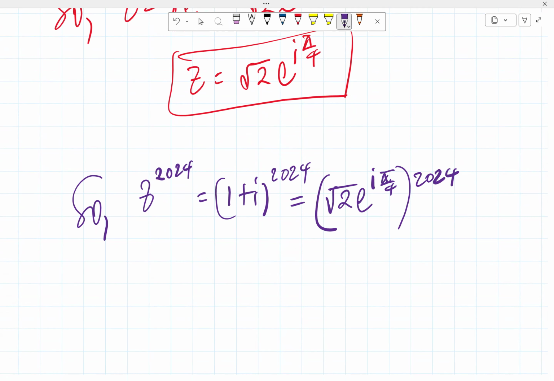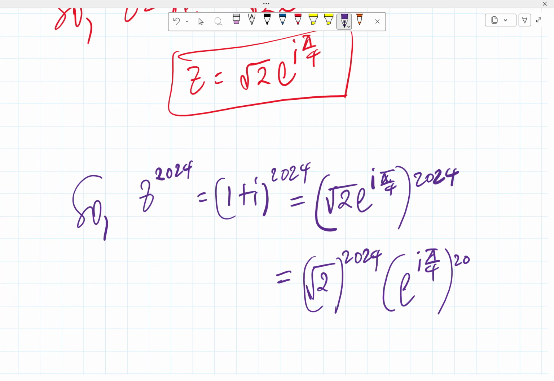So how do we deal with that? We have this to now be root 2 raised to the power 2024 on one hand, then e raised to the power i pi over 4 raised to the power 2024.